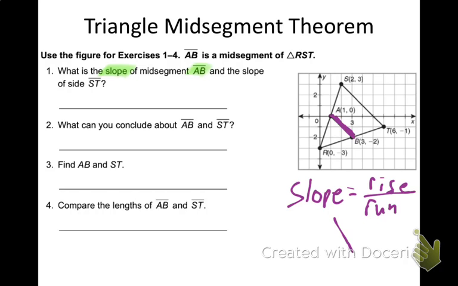Negative. Remember, negative slopes go down. Positive slopes go up. That is true for all slopes. Some of you do a great job of finding rise over run, but then you switch up the negative and the positives. Recognize, negative slopes will always be going down from left to right.